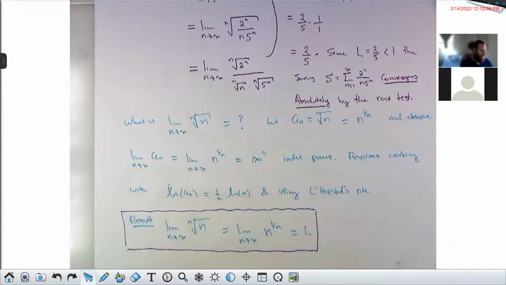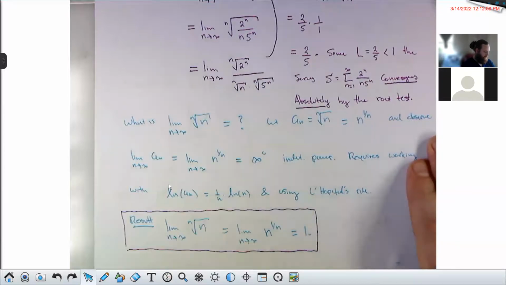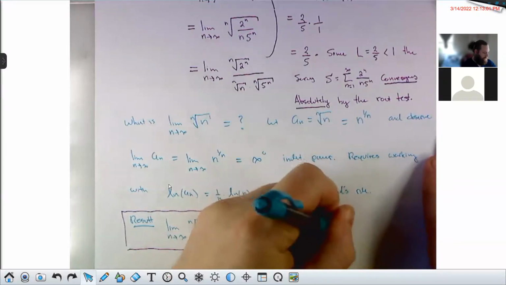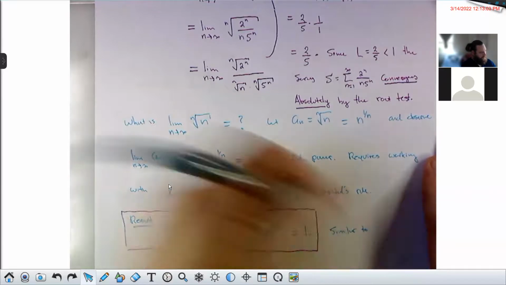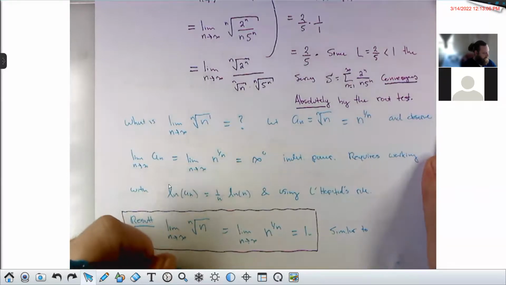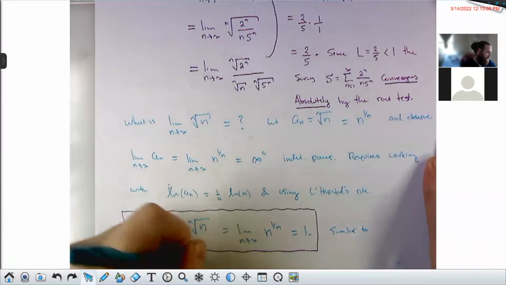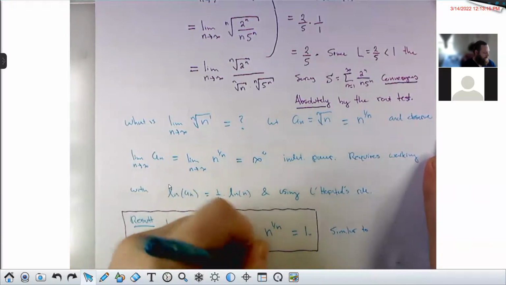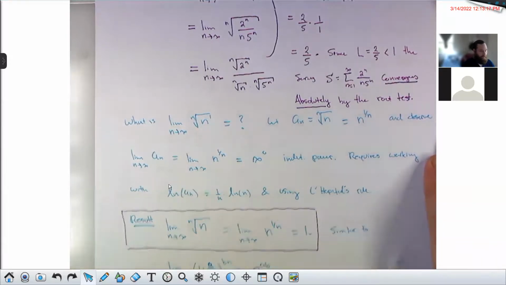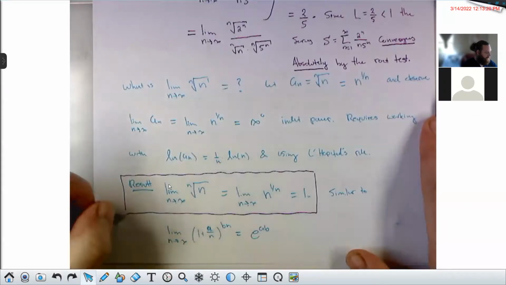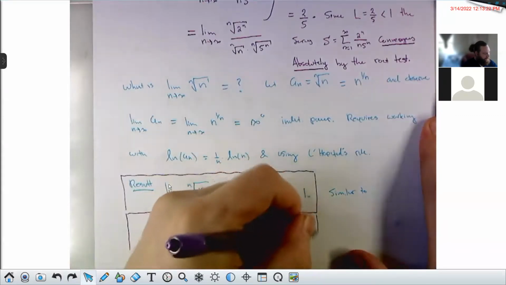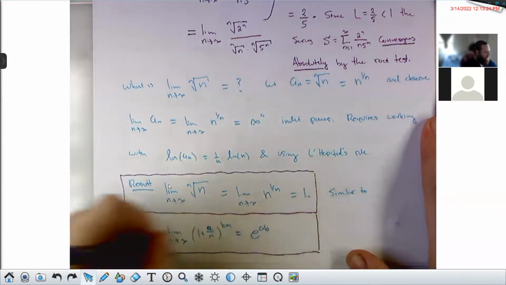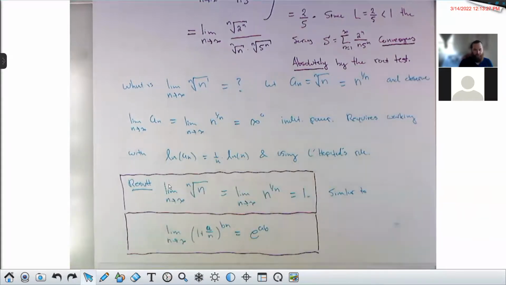The other kind of special limit like this is the limit as n goes to infinity, I call it the e to the ab limit, of 1 plus a over n, all raised to the power of bn. As n goes to infinity, this is e to the ab. And those are two limits that I would recommend having ready to use without needing to go through the work.